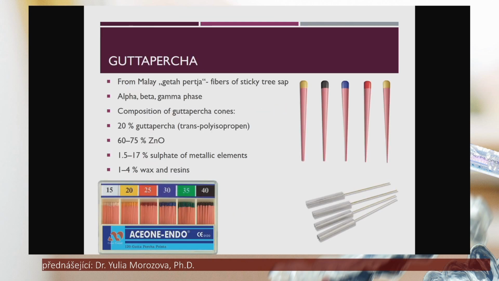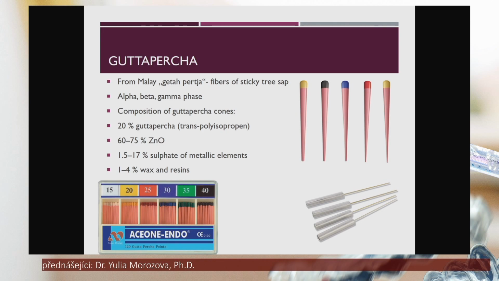So let's say some information about gutta percha. From the Malay language, gutta percha means sticky tree sap, and these are the fibers of that sap. So it has a natural origin.